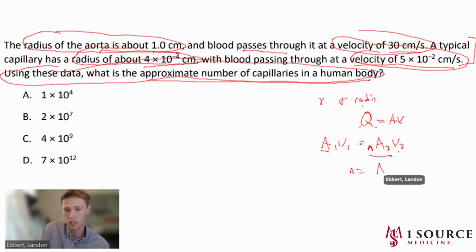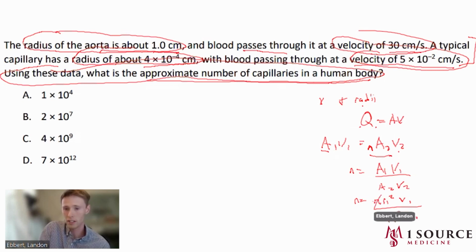So N equals A1 V1 over A2 V2. And as I mentioned earlier, I really recommend solving symbolically first. So I'm just going to write this out symbolically. N equals the cross-sectional area of the aorta, which is pi R1 squared, times V1, over the cross-sectional area of a capillary, which is pi times R2 squared, times V2.